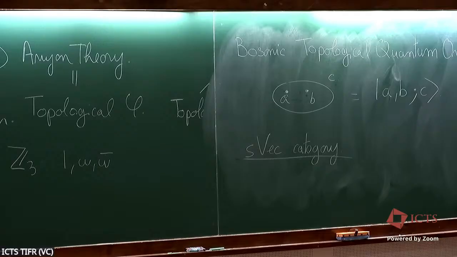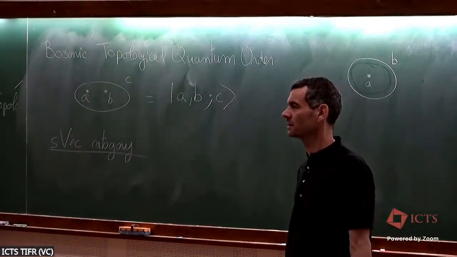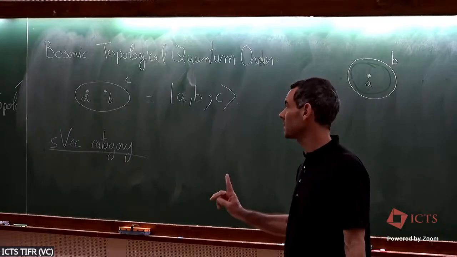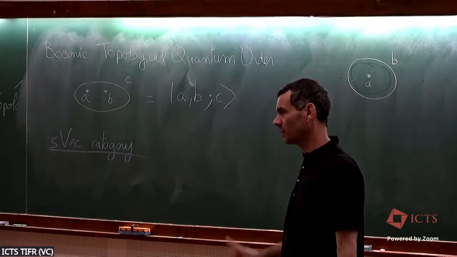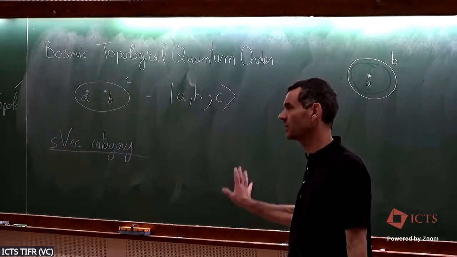No, it's not completely different. That's one possible way of doing it, but I think there are also more subtle ways of getting a fermionic topological order. That's not the only way.